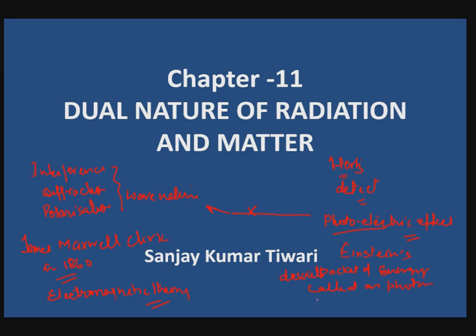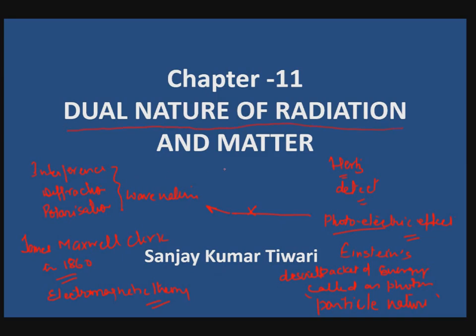So basically, a particle nature. Discreteness is a property associated with particles, so this we can call the particle nature of light. So light behaves both as a wave as well as a particle, and that's why the term dual nature.